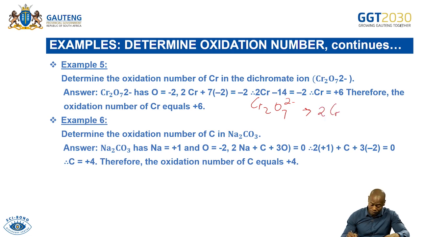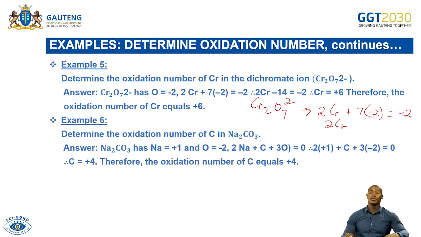So I will say 2Cr plus oxygen atoms, there are 7. What is the oxidation number of oxygen? It is -2, and this should give us the total of -2. I think we have already talked about this, right?